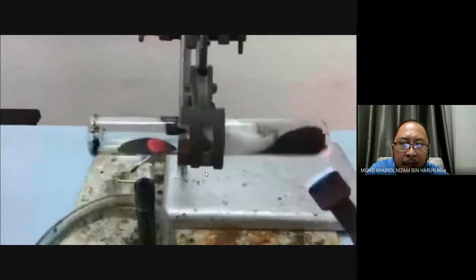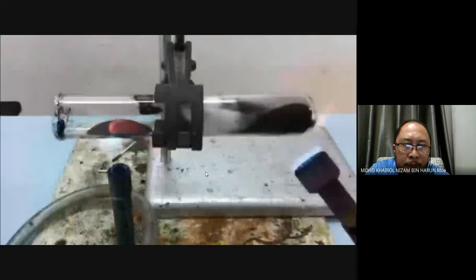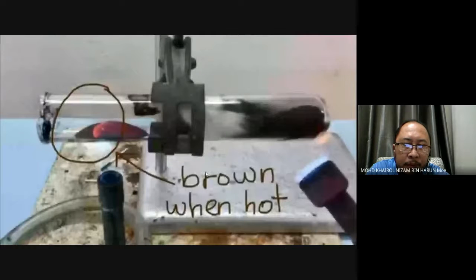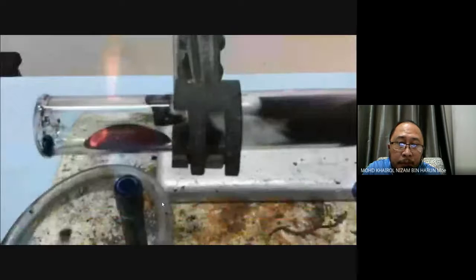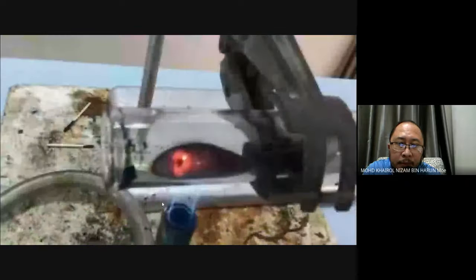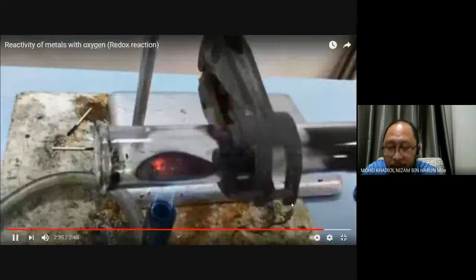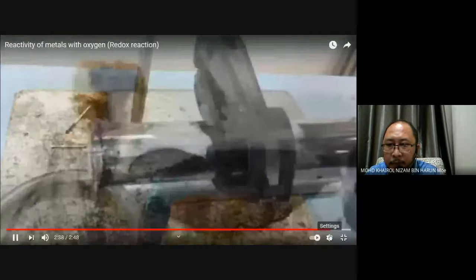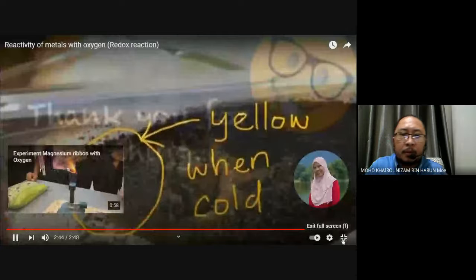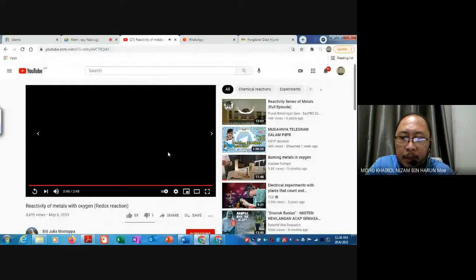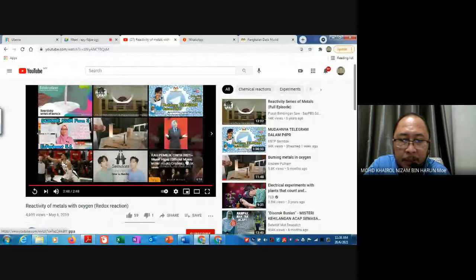So you can see there's a glowing reaction. Okay, so that one is the experiment to show the reactivity of metals with oxygen.